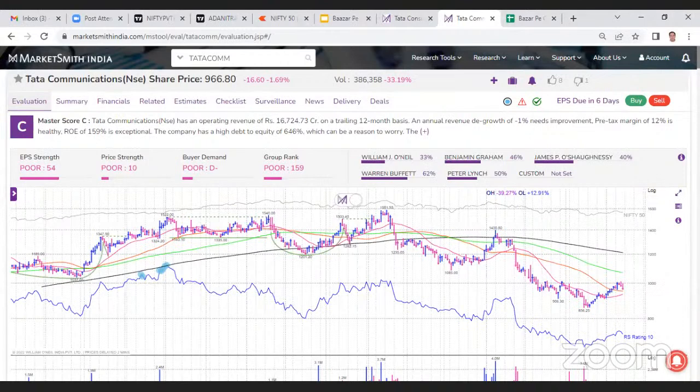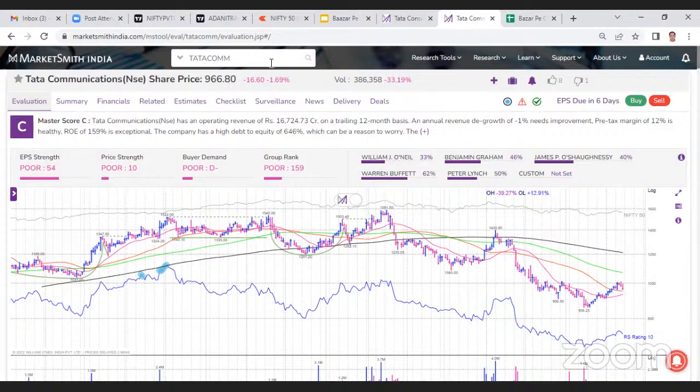But its structure is negative, trending in lower top, lower bottom formation, below all moving averages. Momentum is not that attractive, even on the monthly and weekly charts and other indicators. If someone is interested to buy, I would suggest avoiding this stock for the time being.